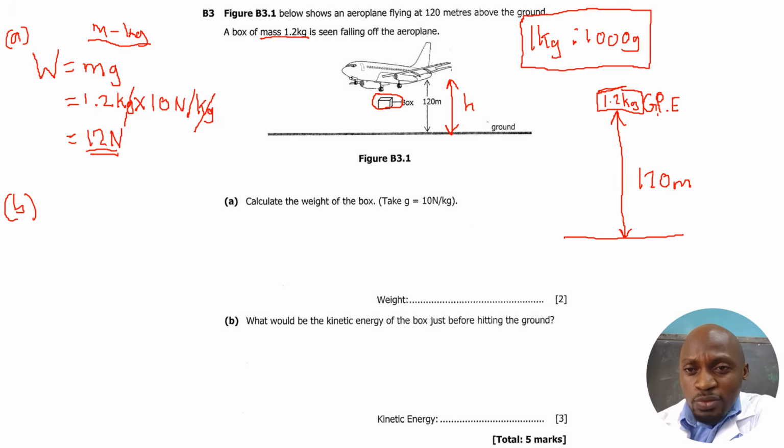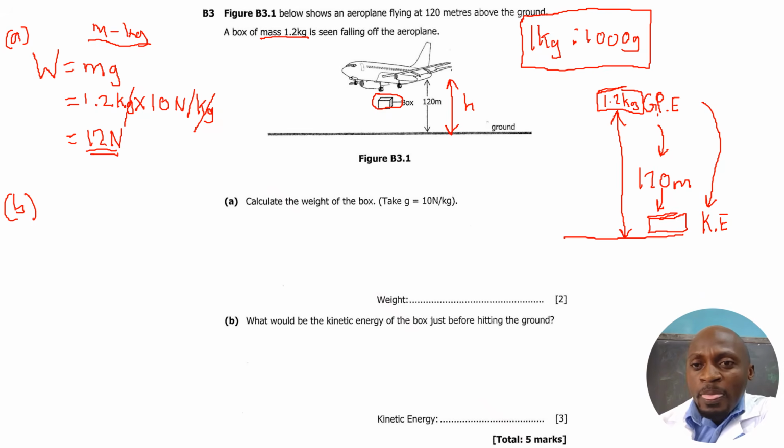Now, as the box starts to fall to the ground, just before it hits the ground, all the gravitational potential energy would have been converted to kinetic energy. So that's where we can see how energy is transformed from gravitational potential energy to kinetic energy.